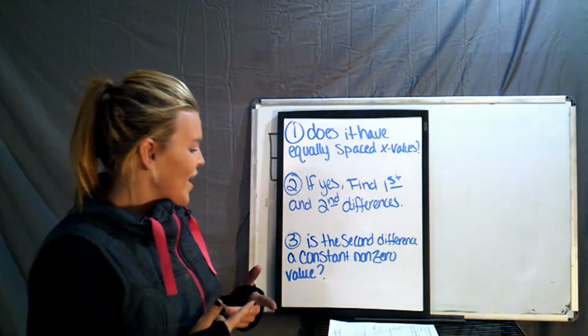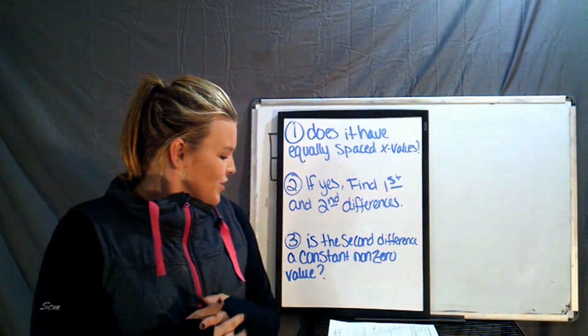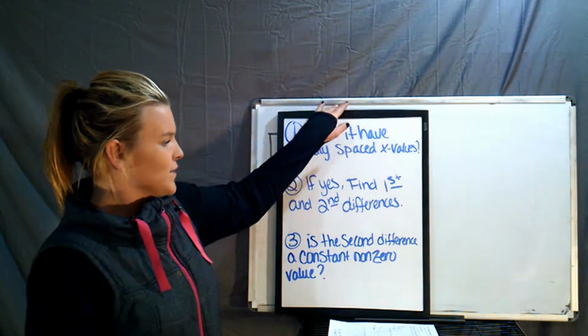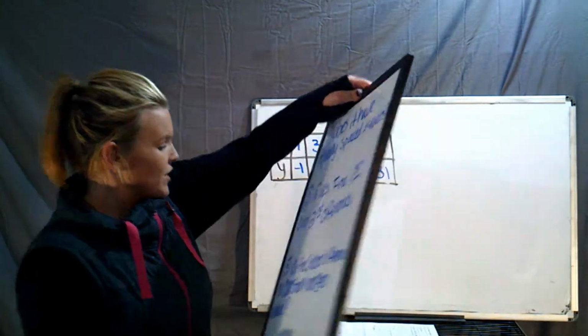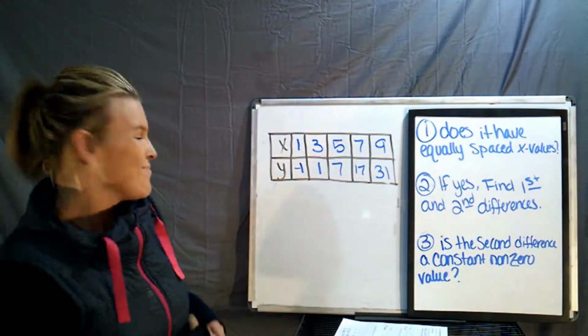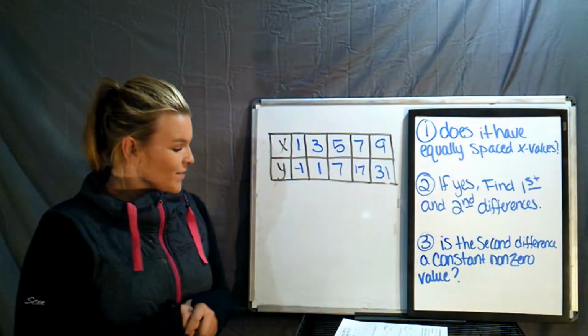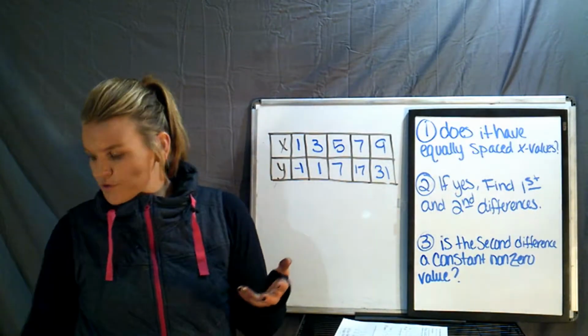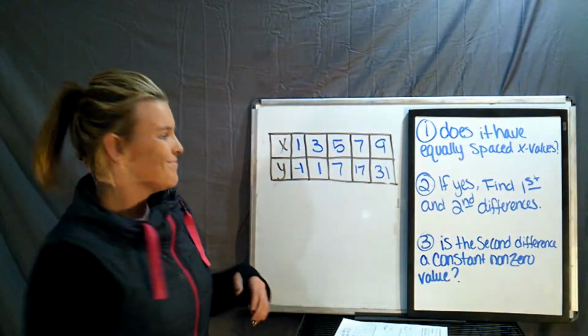So let's look at the first one, and we're going to determine whether the data set could represent a quadratic function. I'm just going to keep this little guy over to the side here for reference. Okay, I have our data set here, and so the first thing, does it have equally spaced x values? I don't know, let's find out.